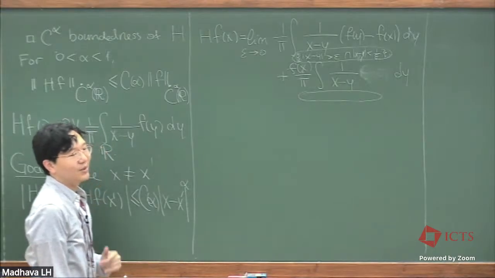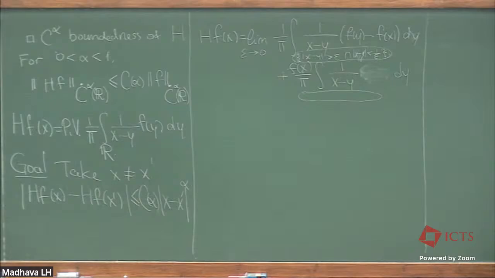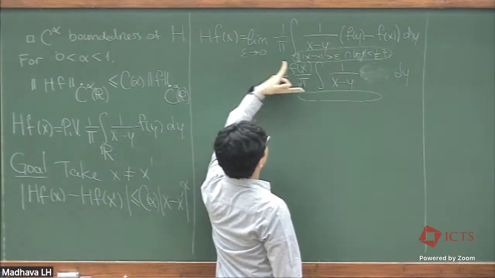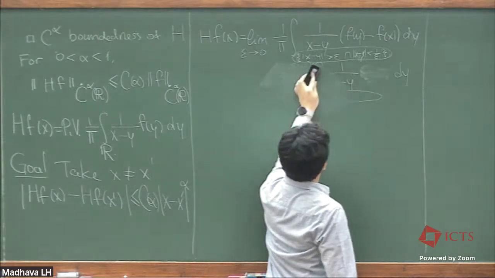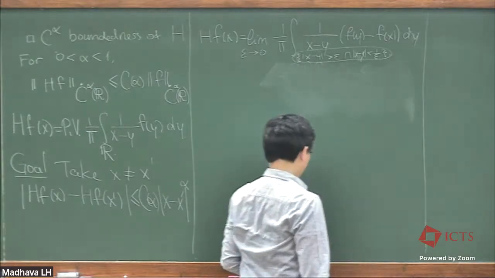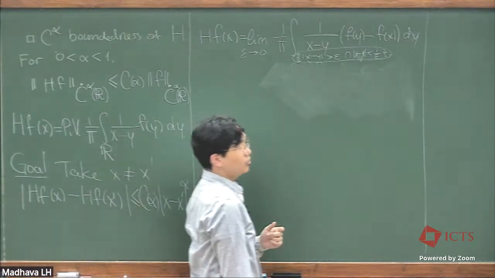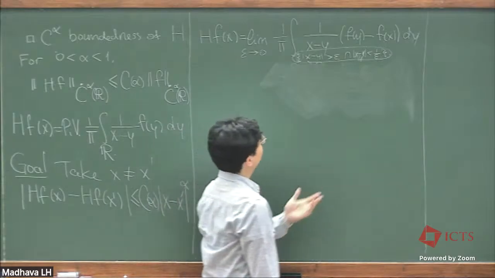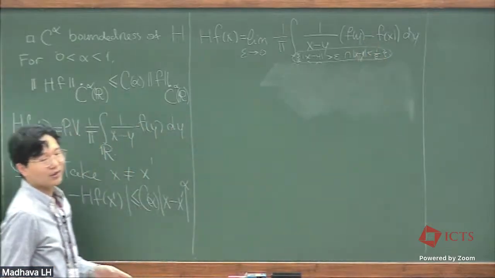So we can take epsilon going to 0. So from now on, the principal value integral should be interpreted in this sense, and this is 0. And we have to do this because we want to use that f is Hölder continuous. So in the integral, we need a difference of f at two different points.